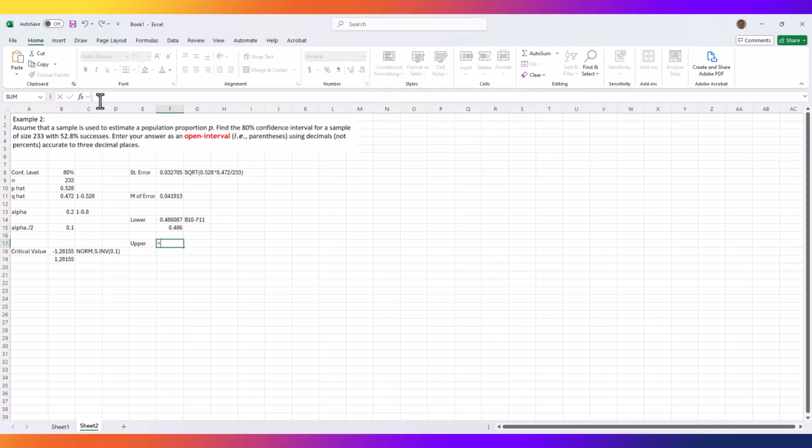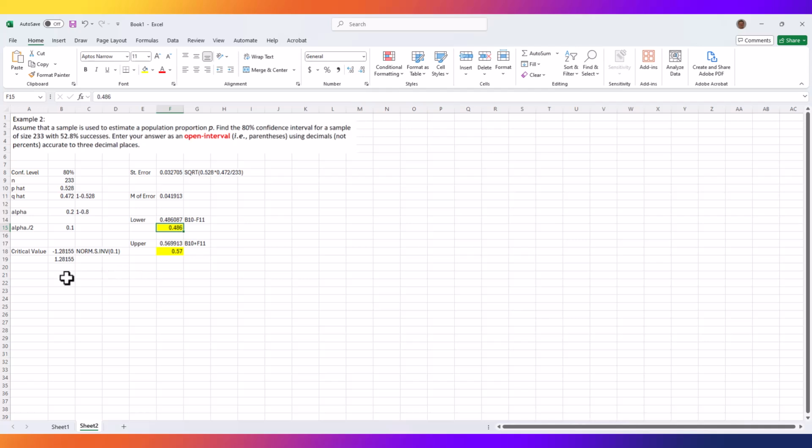And then for our upper bound, we take the P hat and add the margin of error. And 0.5699. So since it's 5, 6, 9 followed by a 9, that 9 goes up to a 10, so the 6 goes up to a 7. So here is one value, and here is the other value.